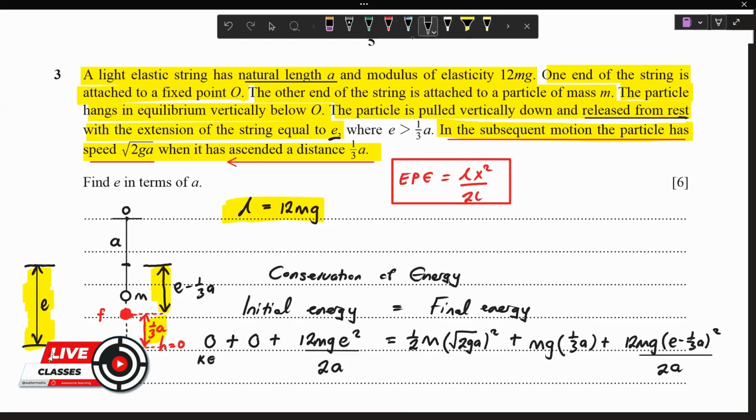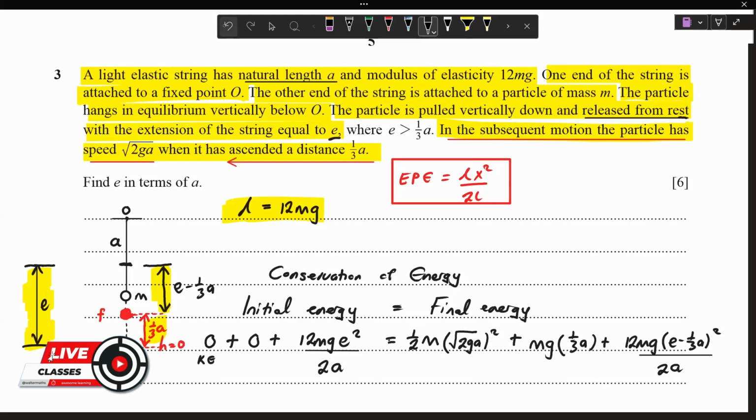Secondly, looking at the diagram, the natural length, I marked it here, which means anything beyond that is extension. So when the particle is stretched all the way down to I, its extension is going to be E.